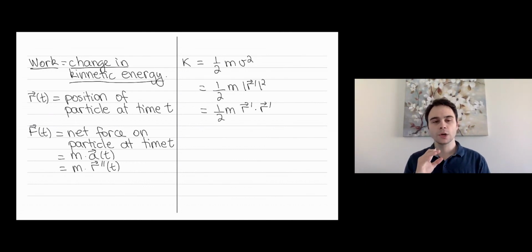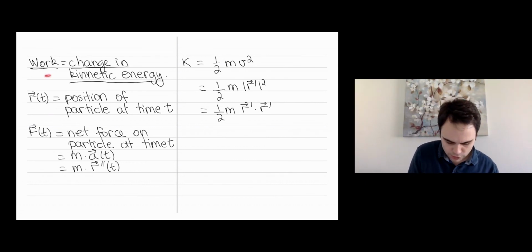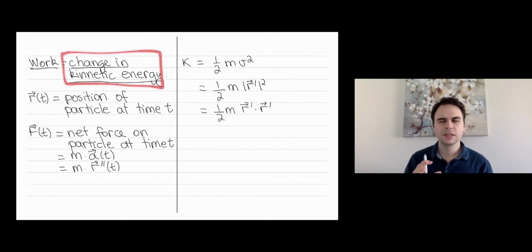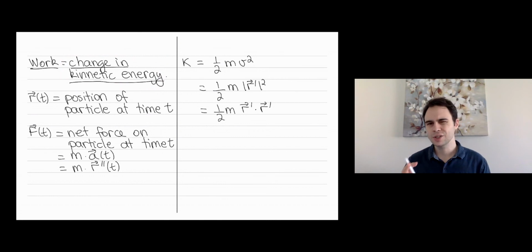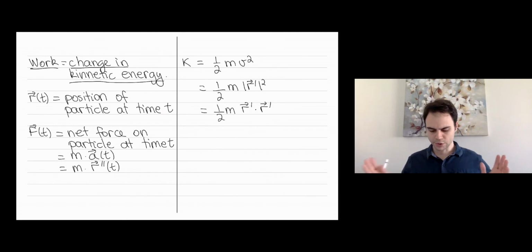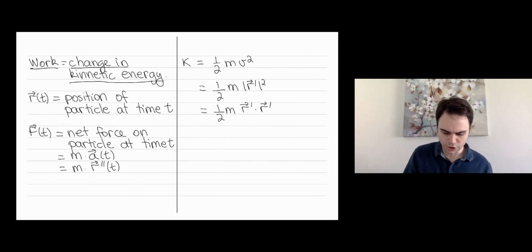So I'm saying that work, over some interval, is the change in the kinetic energy. Let's understand how the kinetic energy changes. What's the infinitesimal rate of change of the kinetic energy? After we understand that, we will integrate that formula over time to get the macroscopic, the overall change in the kinetic energy.